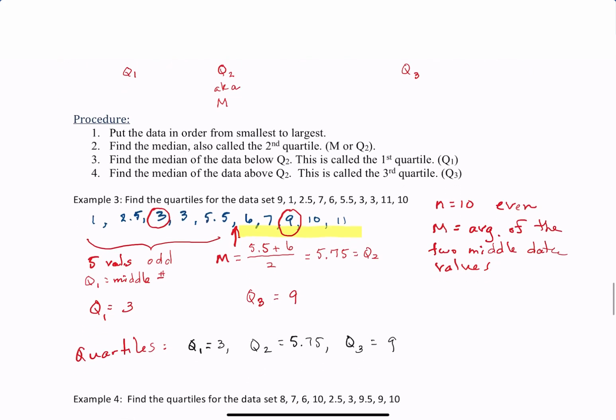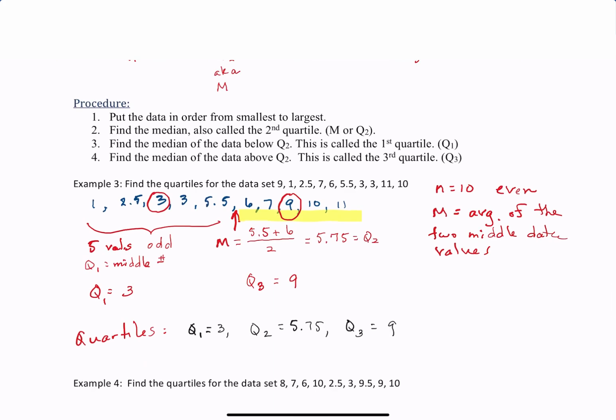In this case, you can't split 10 data values up evenly into quarters, but notice that there's an equal number of data values between each of our quartiles. So we've got a group of 2, a group of 2, a group of 2, and a group of 2. And they're separated by these 3 numbers. 2 of those numbers, Q1 and Q3, happen to be part of the data set, so they don't really count in the splitting up. But anyway, that's the idea of quartiles.